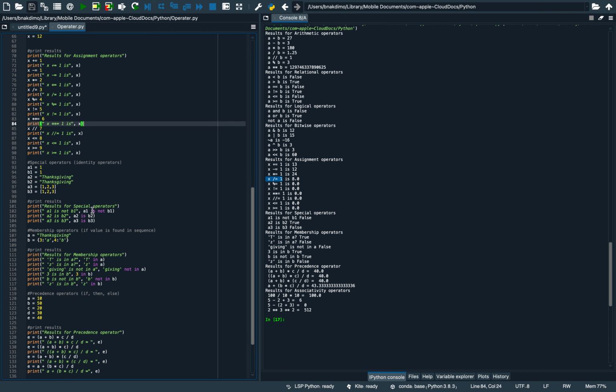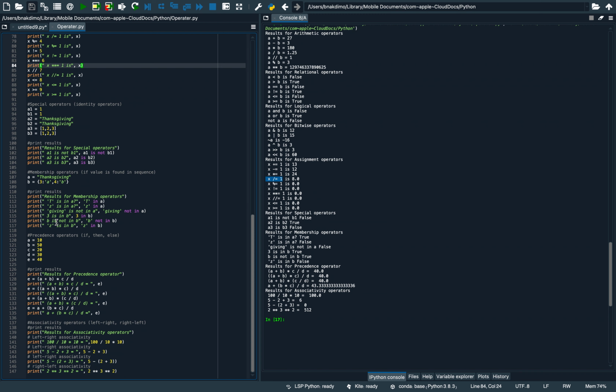So it tells you, is A1 not B1? It's false because they both have the same value. And then the second one, A2 is B2, which is true because they have the same value. And then A3 is B3, and that's false because it looks at the two lists as two different things, they're not the same thing. Strings and integers are seen as the same thing, but lists are not.